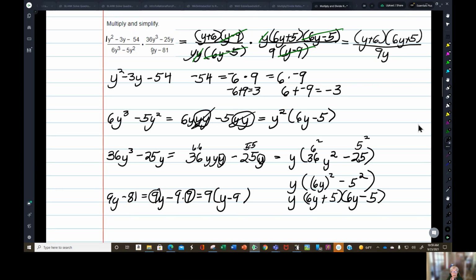Factor, factor, cancel, cancel. You can see that the trick to all this is factoring.